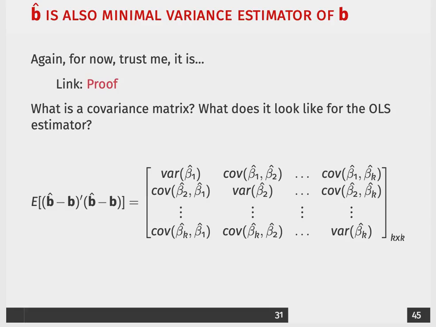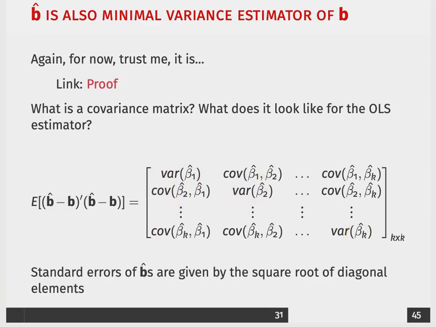Remember, because we're minimizing our sum of squared errors, this is what it'll end up looking like, where the variances of our various betas, like variance of beta 1, variance of beta 2, are going to be along the diagonal, and the covariances are along the off diagonals. And if you remember back to that equation from a couple slides ago, you're going to be able to get the standard errors of each of those betas if you take the square root of the diagonal elements from this covariance matrix.